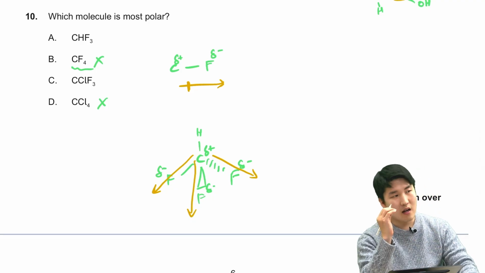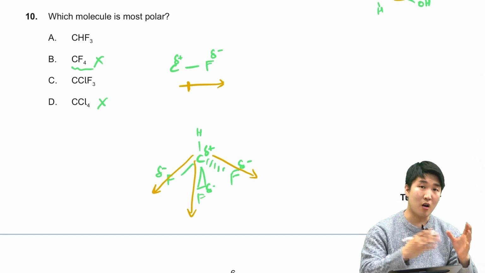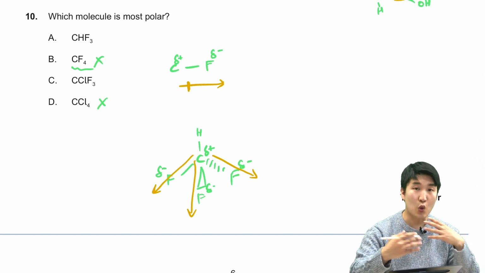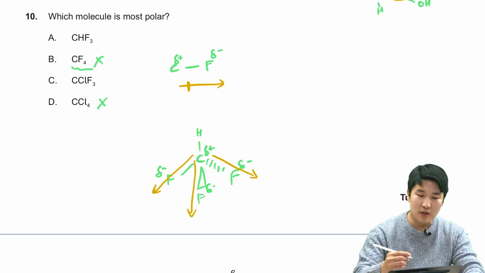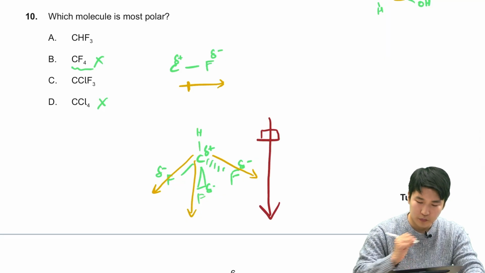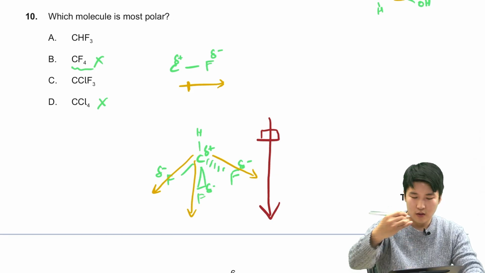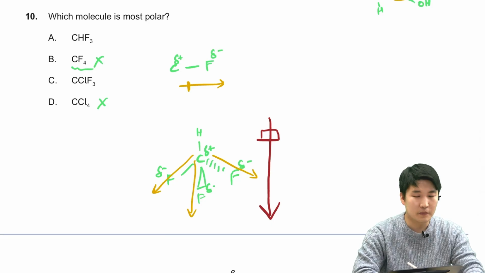For the CH bond, there is not significant electronegativity difference between carbon and hydrogen such that there is no dipole moment, which means the net dipole moment for our molecule under question will be from the hydrogen side to the opposite fluorine side.